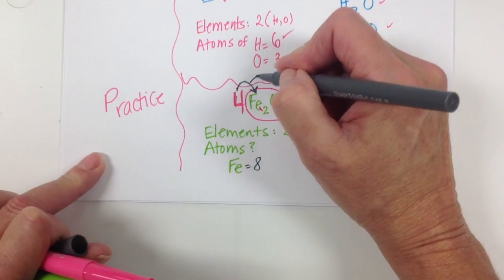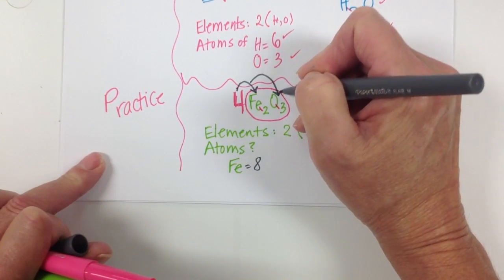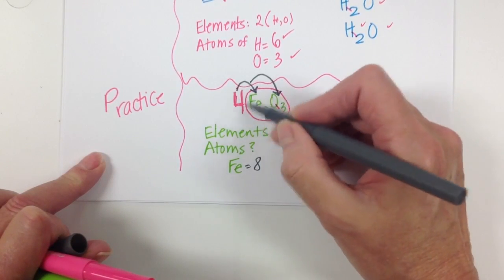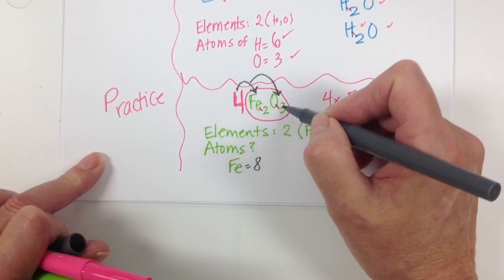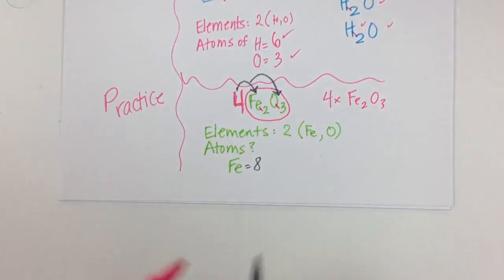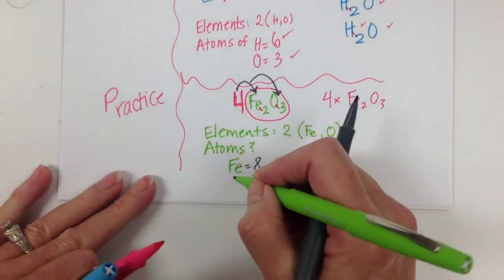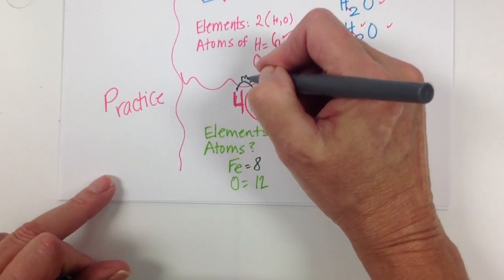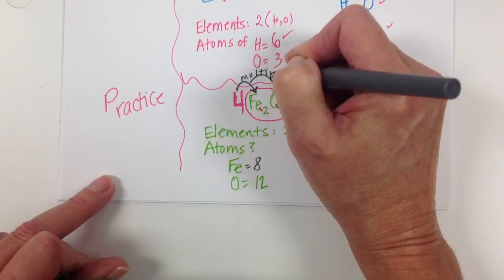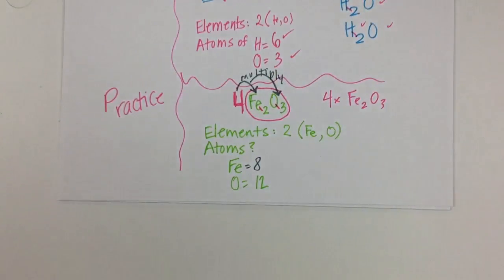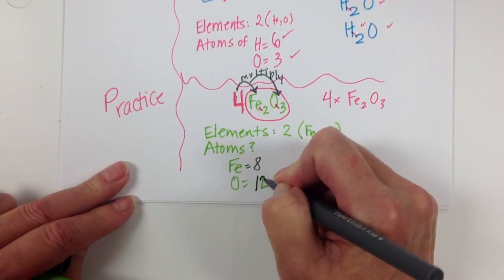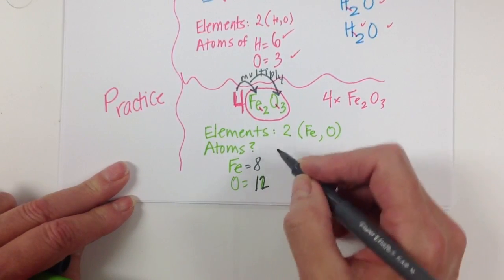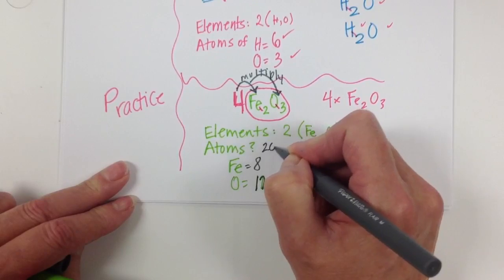And then 4 times our 3, because we had 3 oxygen, but it says we have 4 of this whole thing, so 4 times 3 is 12, so O is equal to 12. Remember, you multiply. So how many atoms total do we have? We have 12 plus 8 is 20 total.